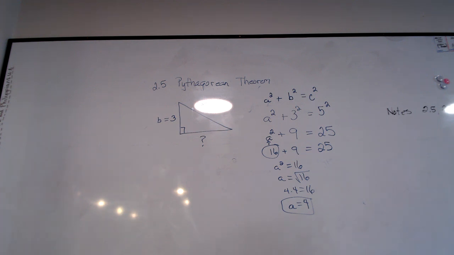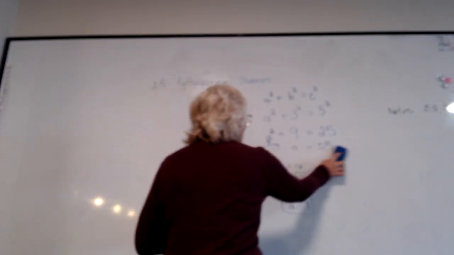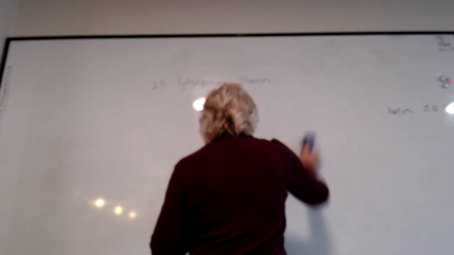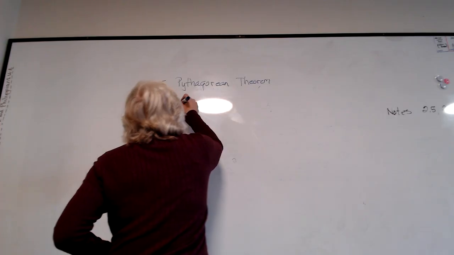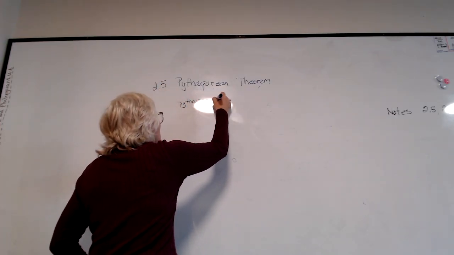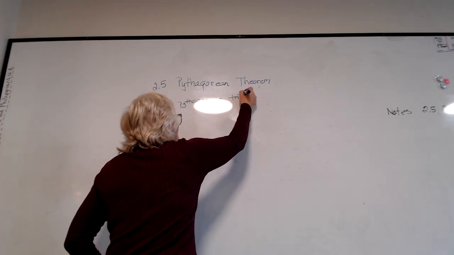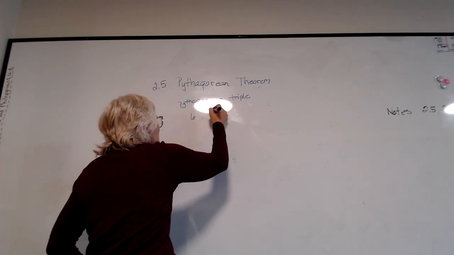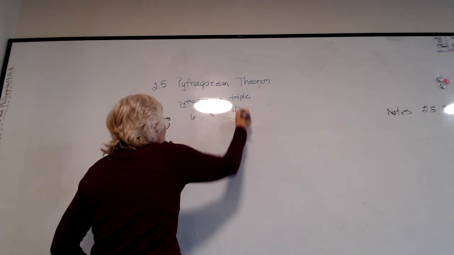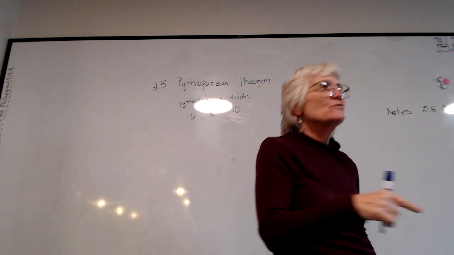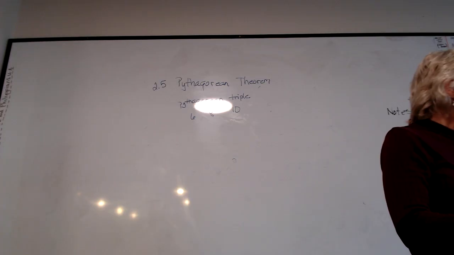Okay. Now there's other ones that we're going to do. They're going to ask you if they're Pythagorean triples. A Pythagorean triple is 3 numbers, like 6, 8, and 10, that when I put them into the Pythagorean theorem, they are true.